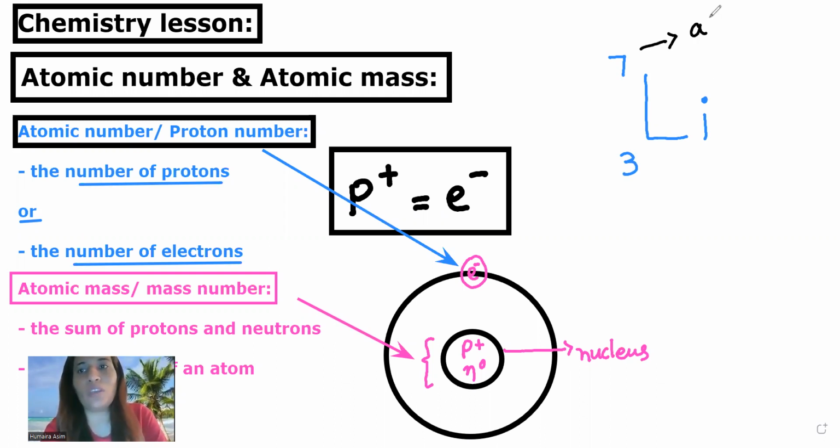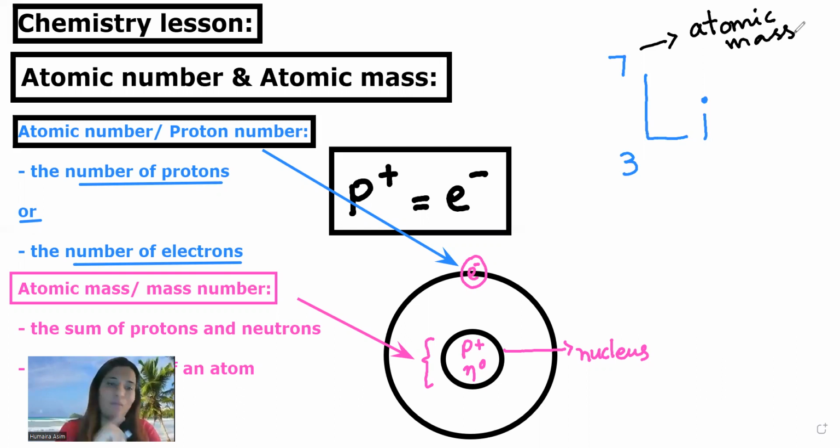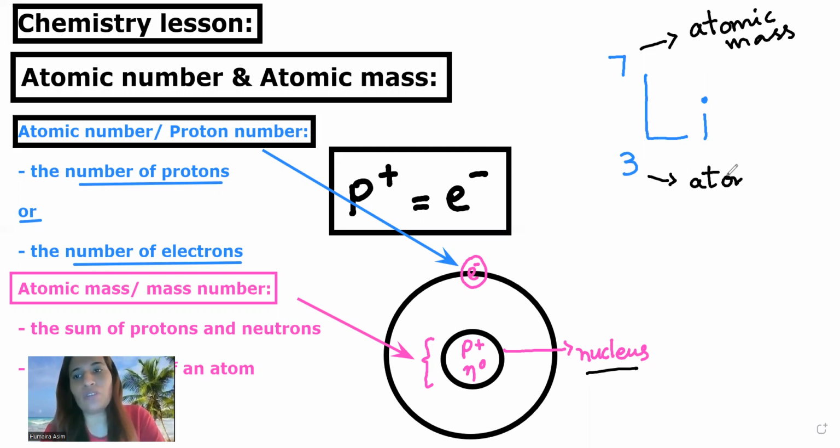This is atomic mass or mass number, since I know this is the sum of protons and neutrons in the nucleus of an atom. What is 3? 3 is atomic number or proton number, which is representing number of protons or electrons, right?